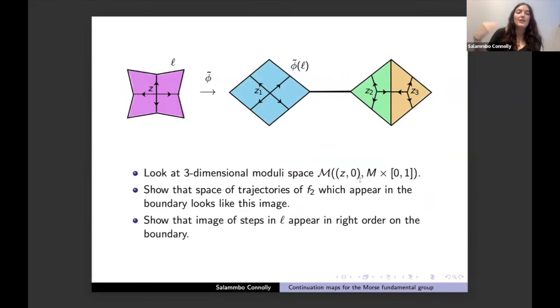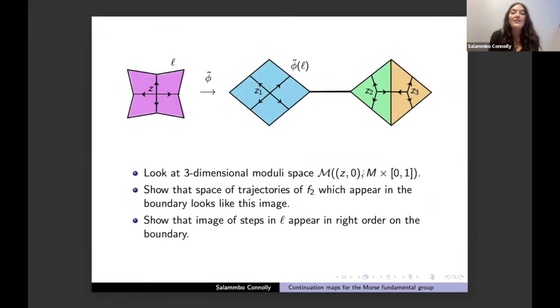To show this, you have your index 2 critical point z, which then becomes an index 3 critical point of big F. What we did was look at the moduli space of trajectories that go from this point and end at 0 or in M times [0,1]. Part of the boundary is going to be broken trajectories that break at s equal to 1.